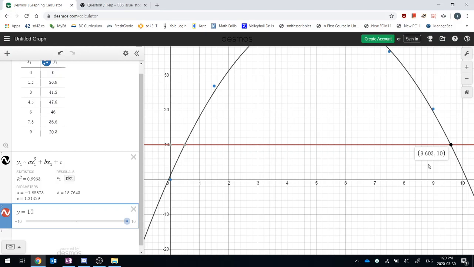All right, so at 9.603 hours since their first dose, which happened at 0, 0, over here, right? Time 0 was their first dose. Their concentration peaks and comes back down and hits 10 milligrams per liter at about 9.603 hours. Okay, so we can come back.